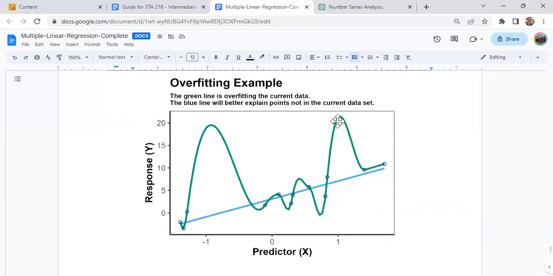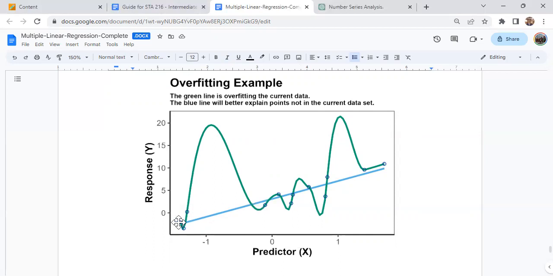It gets wigglier and wigglier. Eventually, if you don't have too many data points, if you add enough higher order terms of x, you will perfectly fit the data. And so your R squared is 1, and all your predictions are perfect, right? Which on the surface seems like, great, we have a really good model.